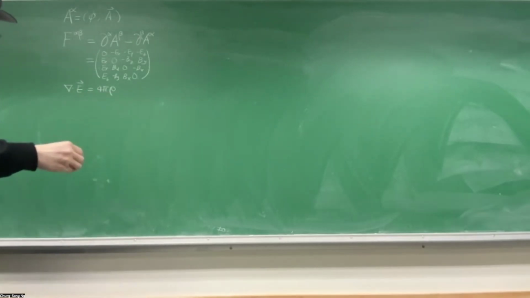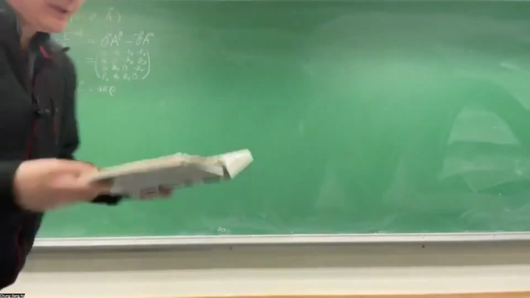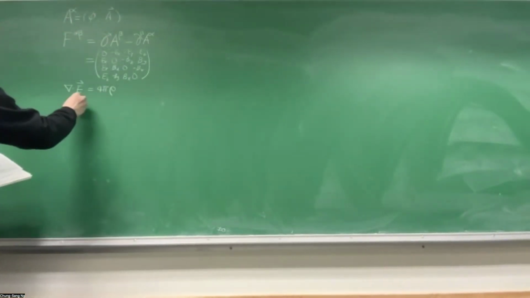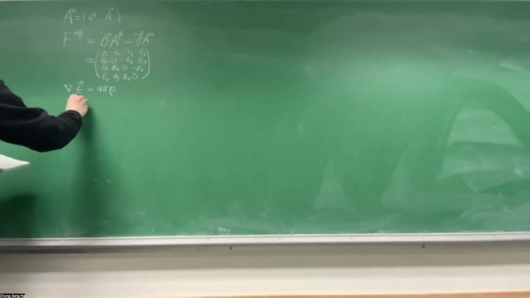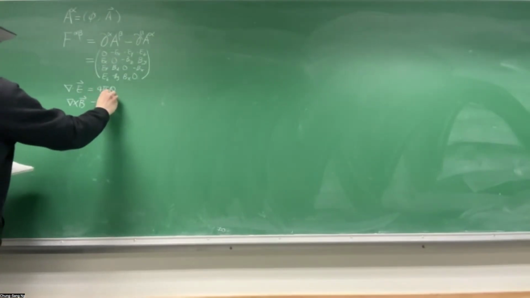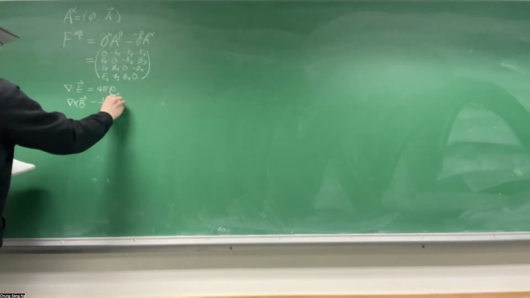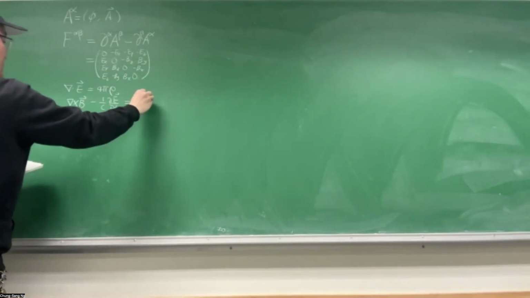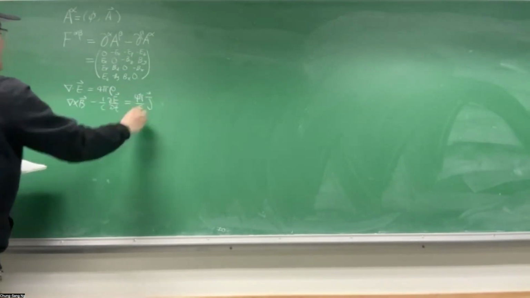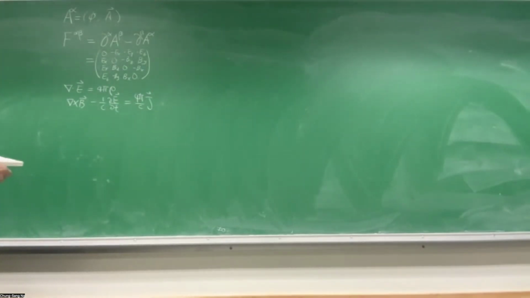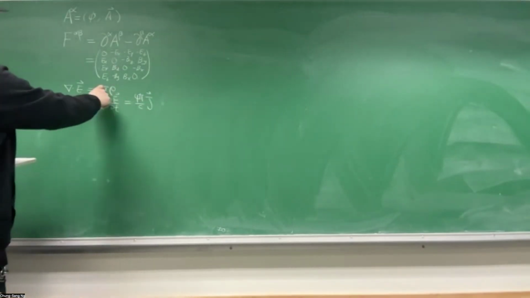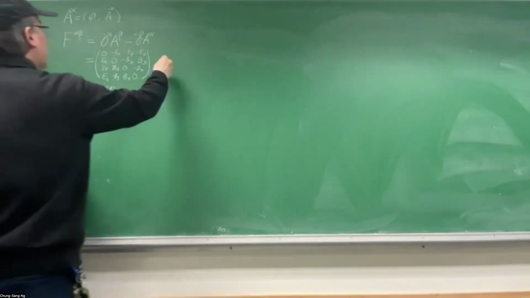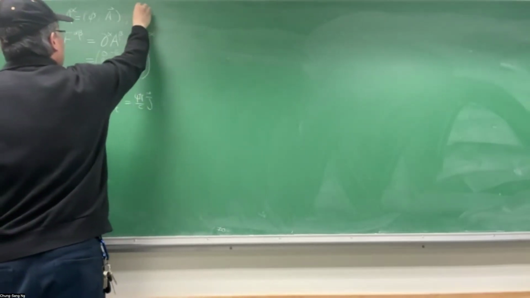Okay, so that's the Gauss law, and then the other one is the Ampere's law. This is microscopic, obviously. And obviously, we already mentioned that the right-hand side has another four vector.